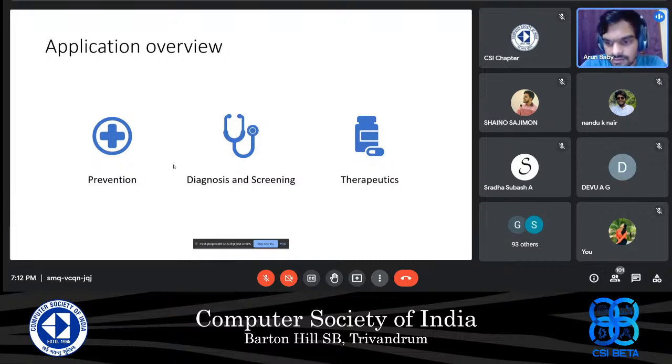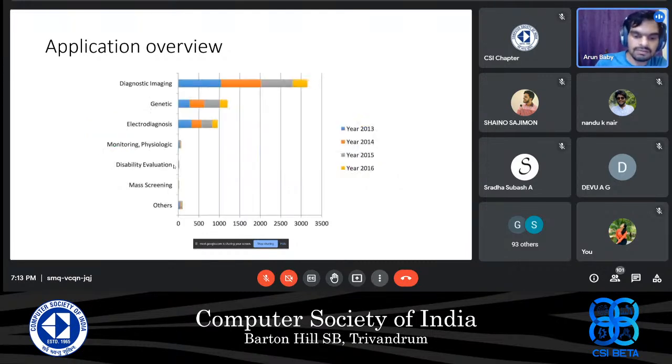And the last one is therapeutics, where AI is helping clinicians to take care of the disease once it is detected in screening and diagnosis. So this is just to show the amount of research papers that are coming forward in different domains.